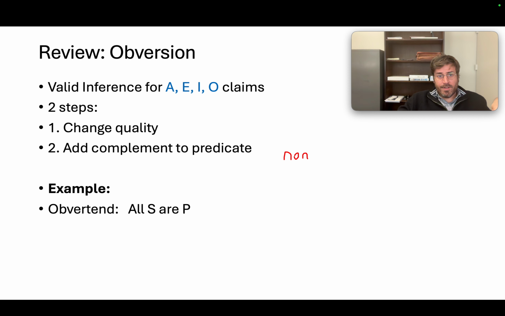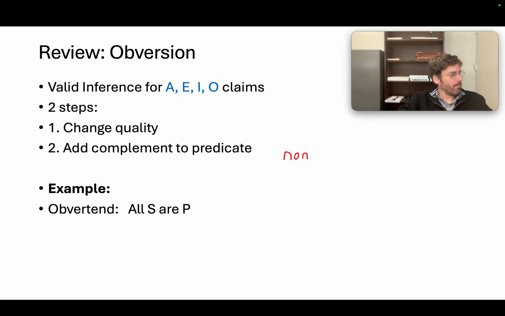So here's an example. Here's an initiating obvertend, all SRP. Ask yourself, what is the category here? This is an A proposition, right? This is our universal affirmative. So how do we change this to the obverse? We have two things to do. We have to change the quality, and then we have to add the complement to the predicate. So try to write down the transformed obverse of this A proposition, all SRP.